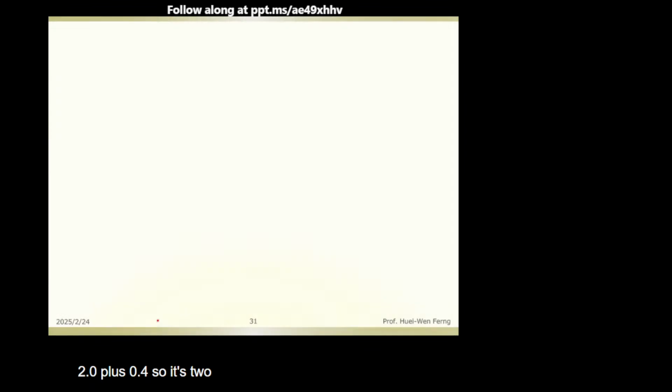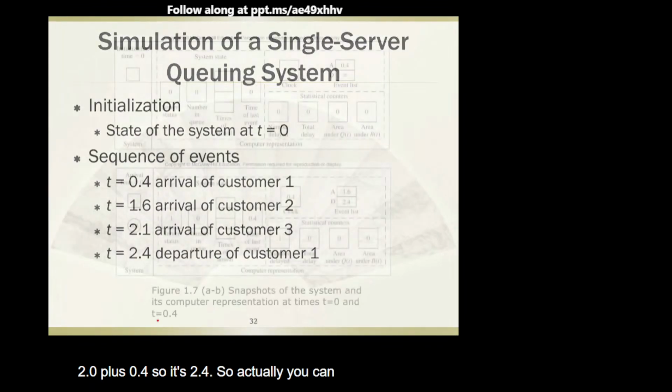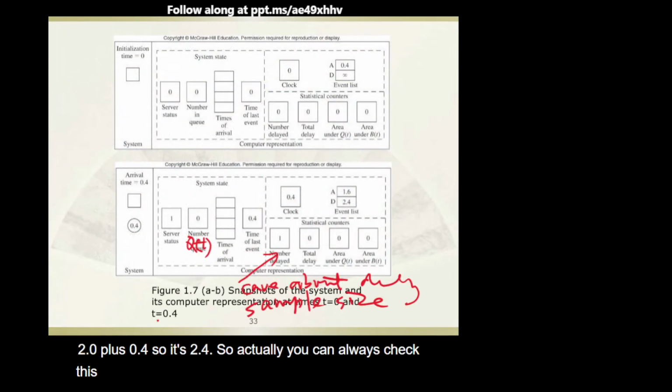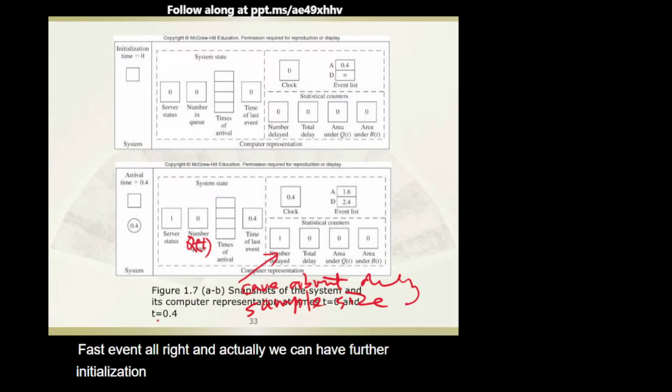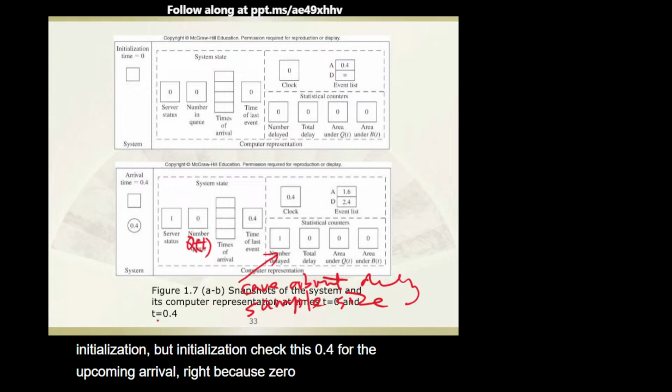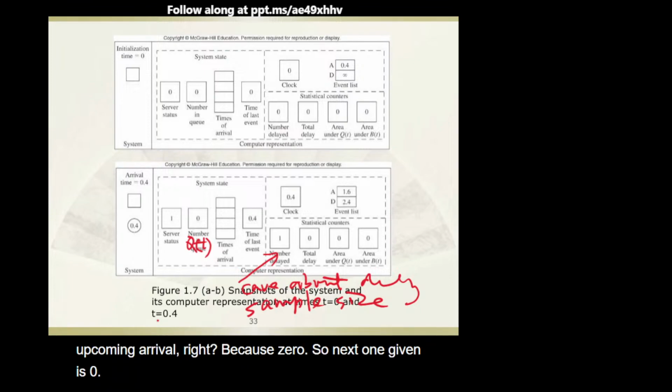So actually you can always check this. First event, all right? And actually we can do further initialization, but initialization checks this. 0.4 for the upcoming arrival, right? Because at 0, the next one given is 0.4.